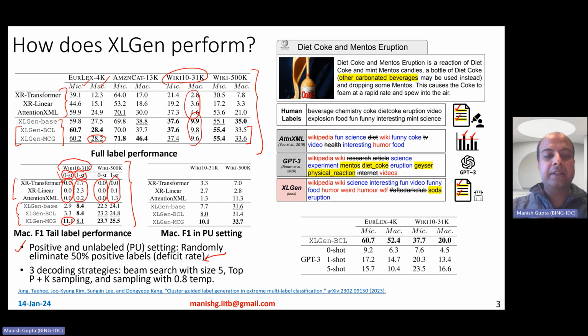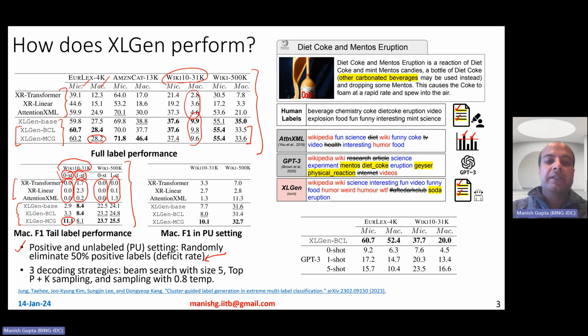So in this PU setting, you randomly eliminate 50% of the labels. So not from the test set, but from the train set. So in the train set, you have lots of labels, great, but you randomly eliminate 50% of the labels across the entire set for every data instance. Okay. So this basically means that your training data has gone sparse.